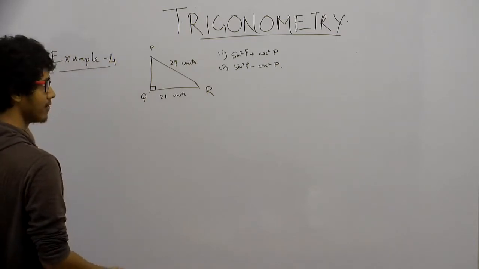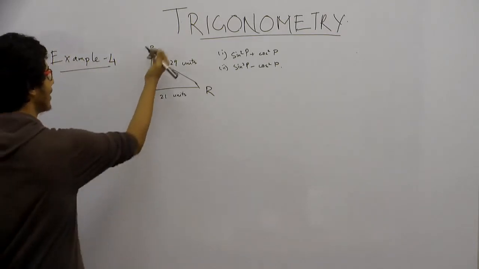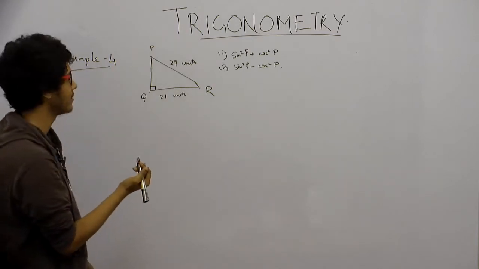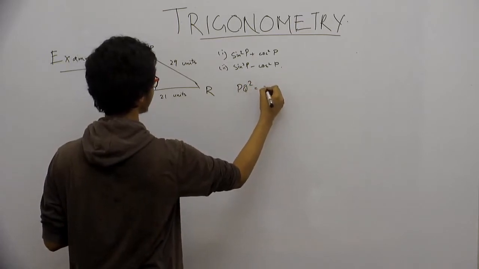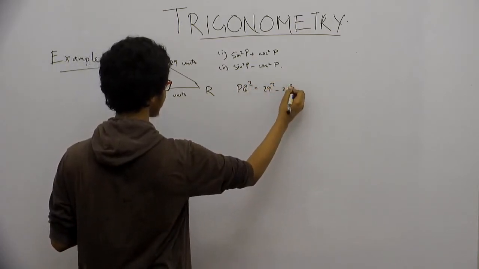Now our first order of business should be to find the length of PQ, which can be done easily by Pythagoras theorem. PQ square will be equal to 29 square minus 21 square.